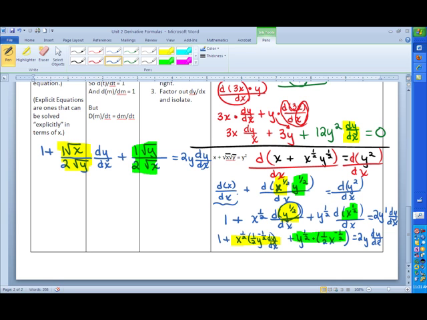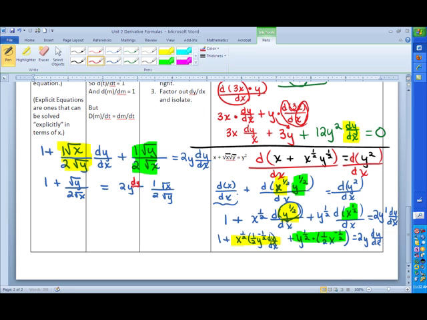Now first, let's get dy dx's together. So on the left side we have 1 plus the square root of y over 2 square roots of x equals 2y minus 1/2 square root of x square root of y, and I forgot my dy dx.